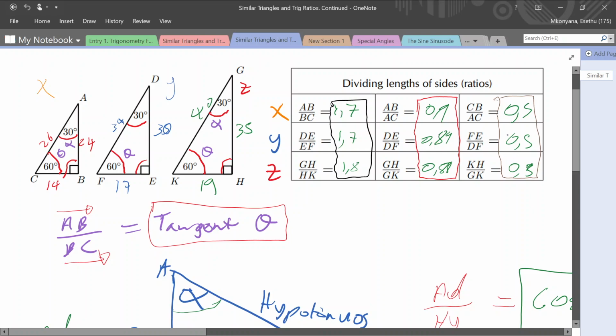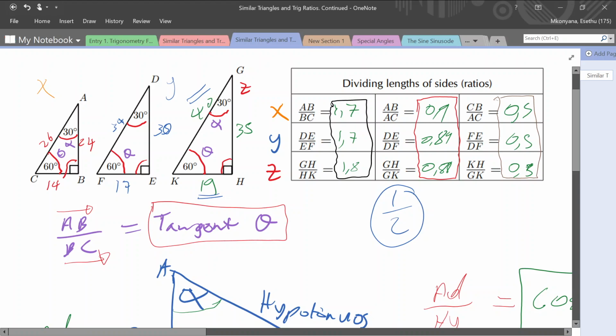Now, 0.5 is 1 over 2, which means the ratio between this side and that side for a right angle triangle that has 60 and 30 will always be a half. That is very interesting because it can be represented as a fraction of two whole numbers, which means it is a rational number.